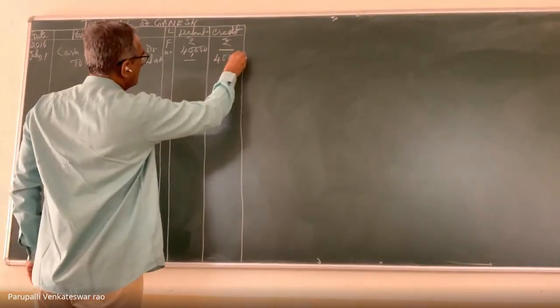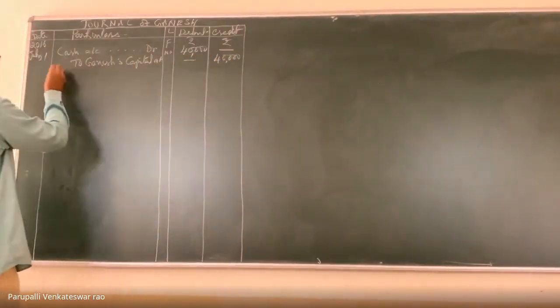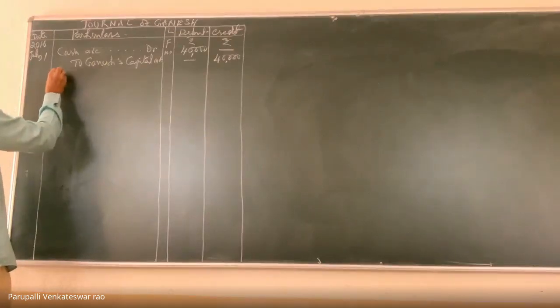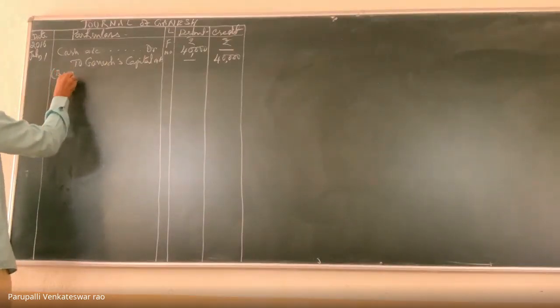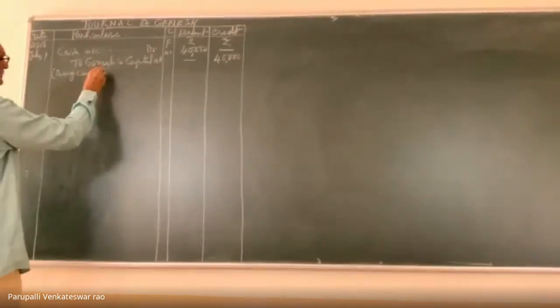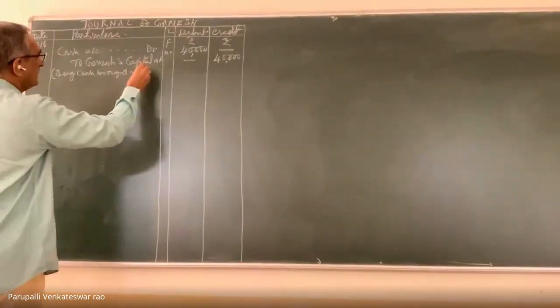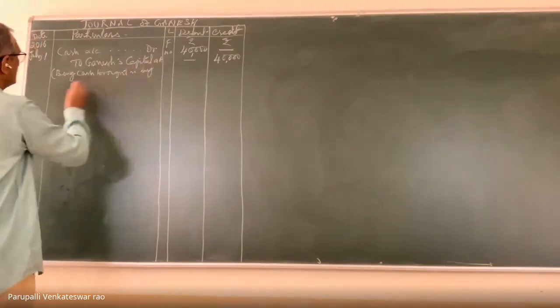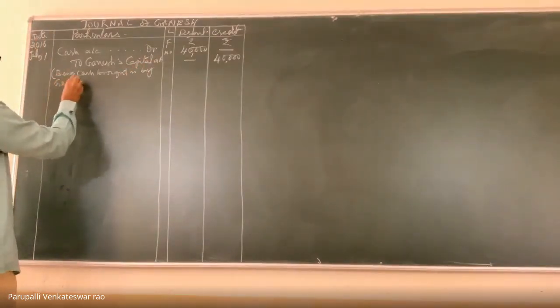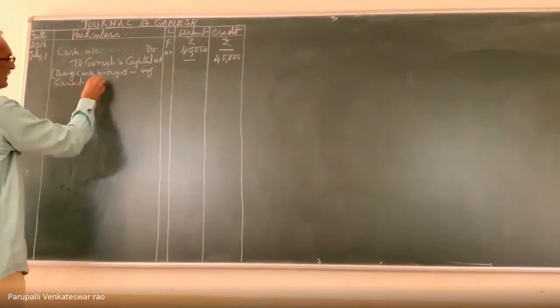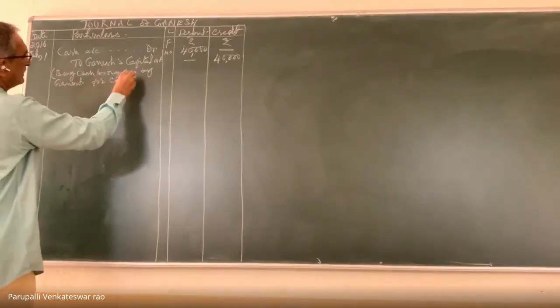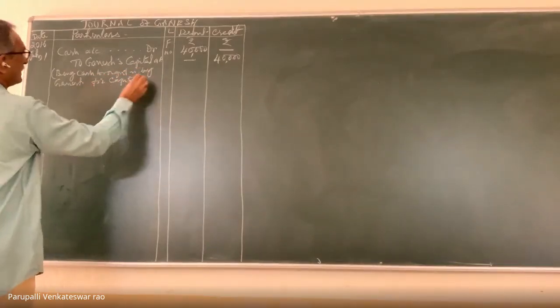So you can write capital account or Ganesh capital account. Then write the narration: being cash brought in by Ganesh for capital, or towards capital.